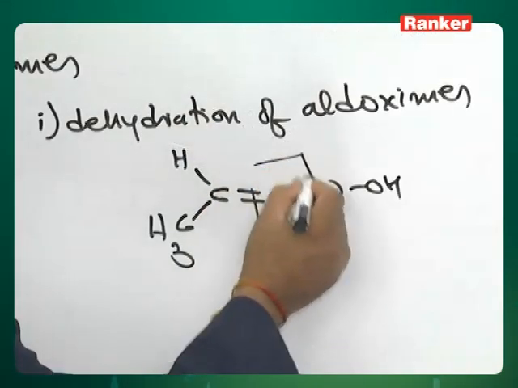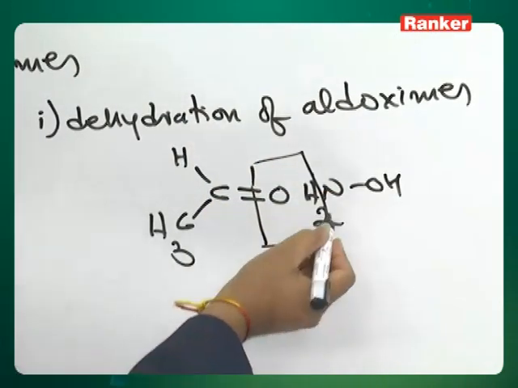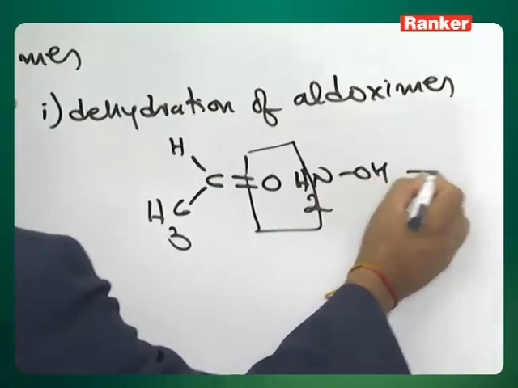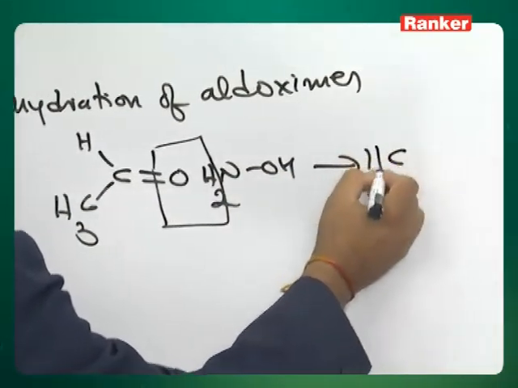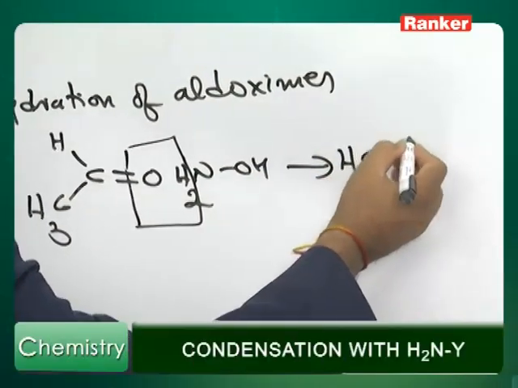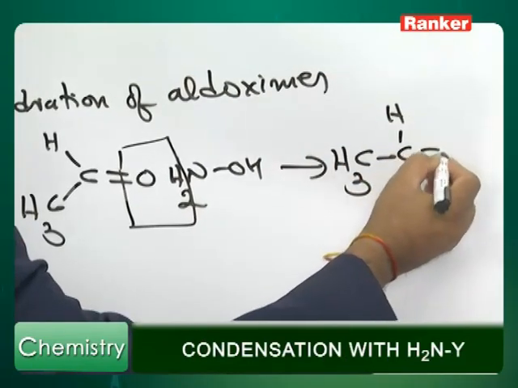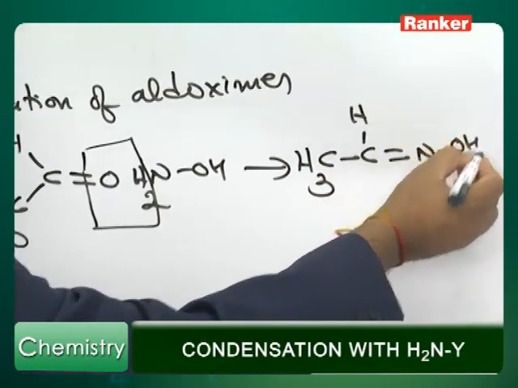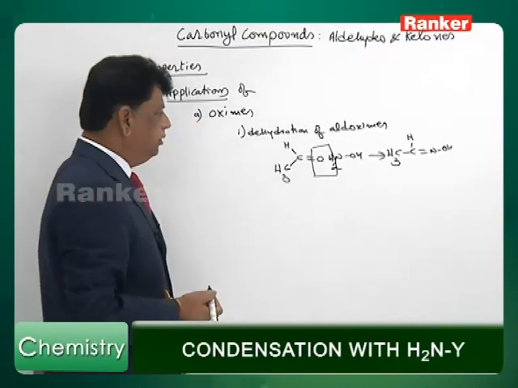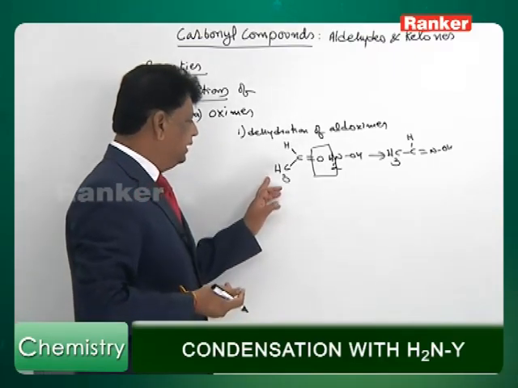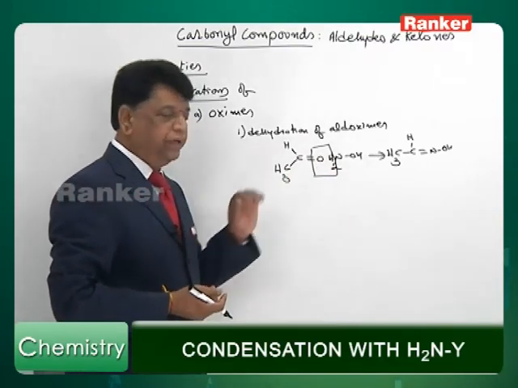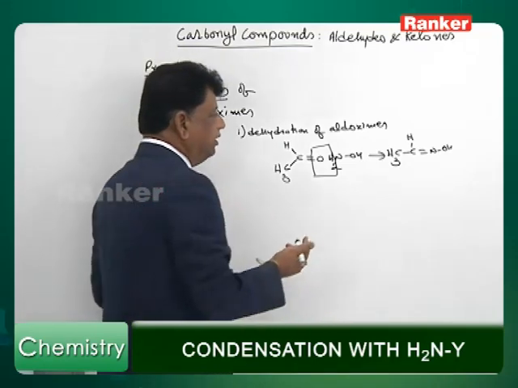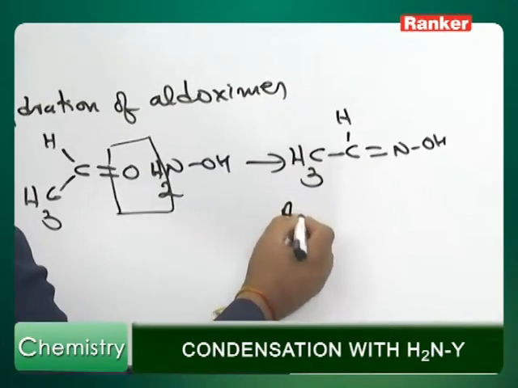So, in oxime conversion H2 and O will be removed. You will get acetaldehyde oxime, though it is a slight variation. You must say actually acetaldehyde oxime, but we have some concession in calling it acetaldoxime.